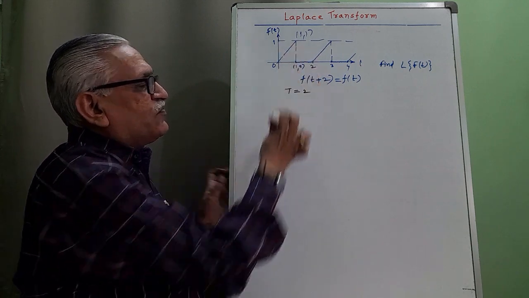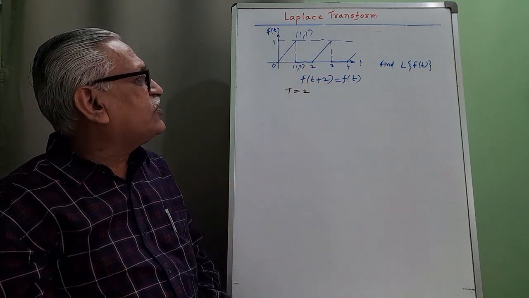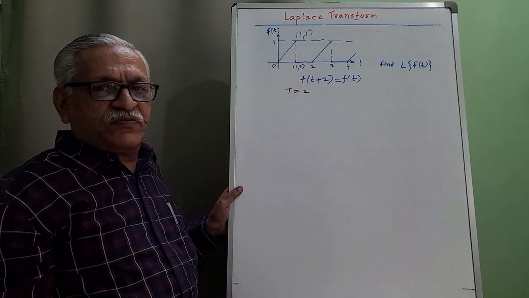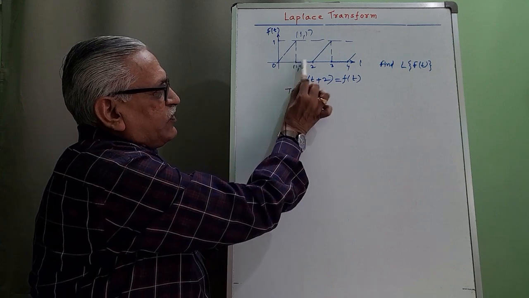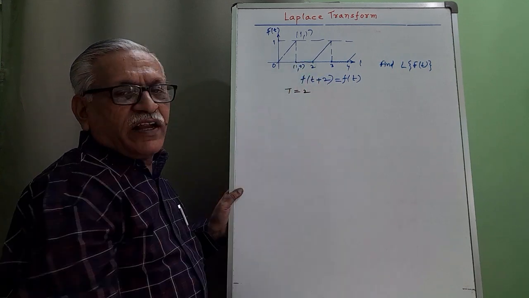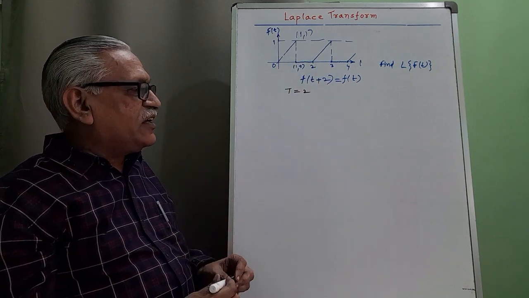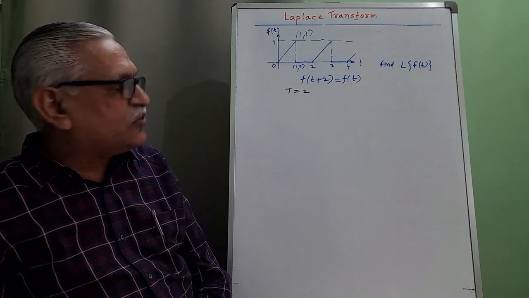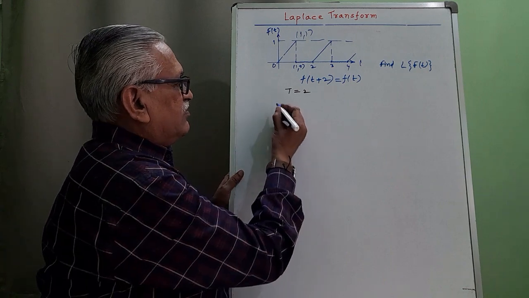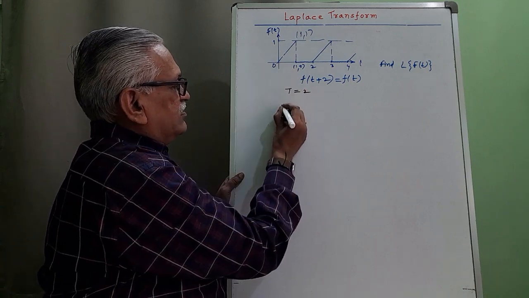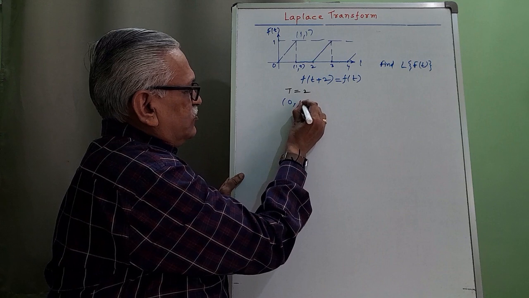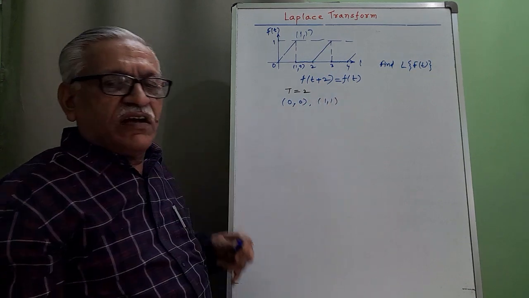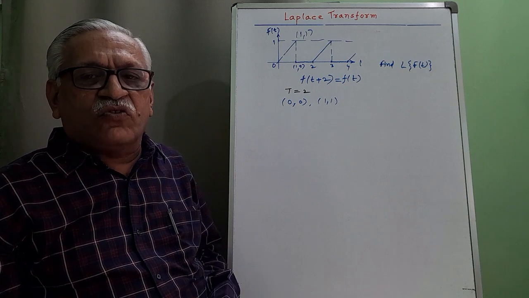There are two different functions. In between 0 to 1, we have a straight line as the first part of that function, and between 1 to 2, another straight line, that is the x-axis. And therefore, we try to determine the equation of that f of t in between 0 to 1. Points are here: origin 0, 0, second point is 1, 1, line passing through origin.